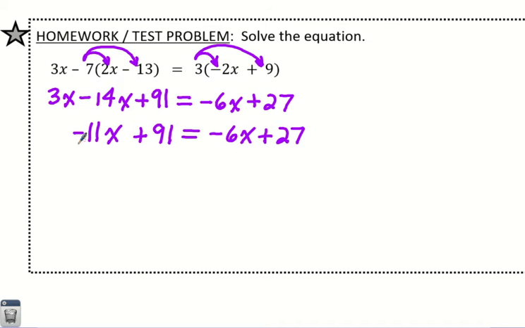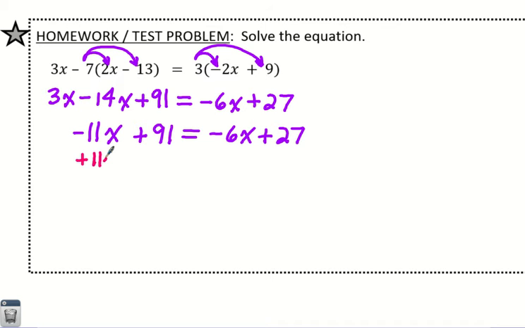But you're going to get a negative 5x, right? Because negative 11x plus 6x. Some people cringe at that, negative 5x, and that's fine. So a lot of people might decide to do this. I don't know if I'm one of them, but let's just do it that way right now.